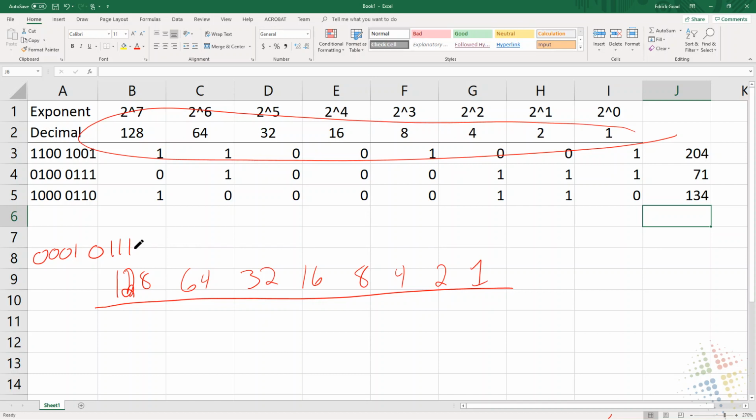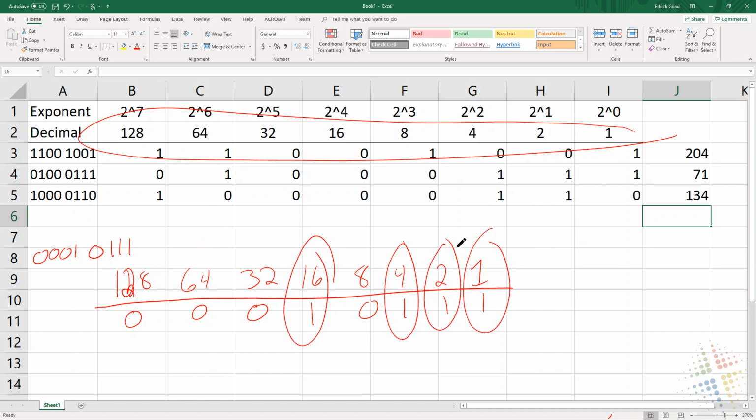And so now I take that binary number and I simply fill in these columns. My first 3 are zeros, 1, and then 0, 1, 1, 1. And now everywhere that there's a 1, I start adding in. 16 plus 4 is 20, plus 2 is 22, plus 1 is 23.